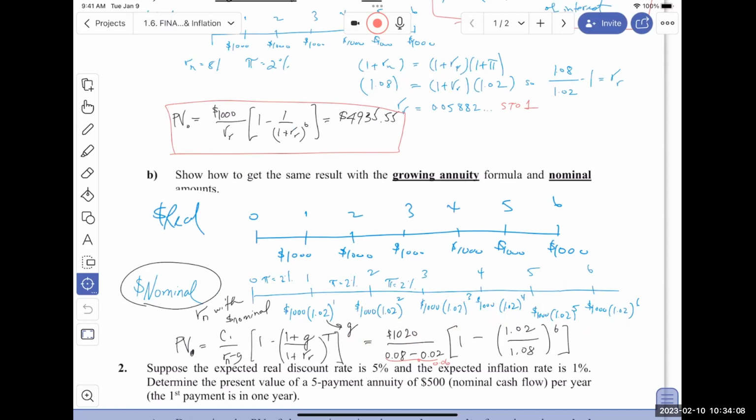So did I answer the original question, like what's going on or what's important here? What you're trying to do is get the same answer, but doing it with the nominal amounts and the nominal rate. Because I converted everything, I had to use a different formula, and I still get the same answer.